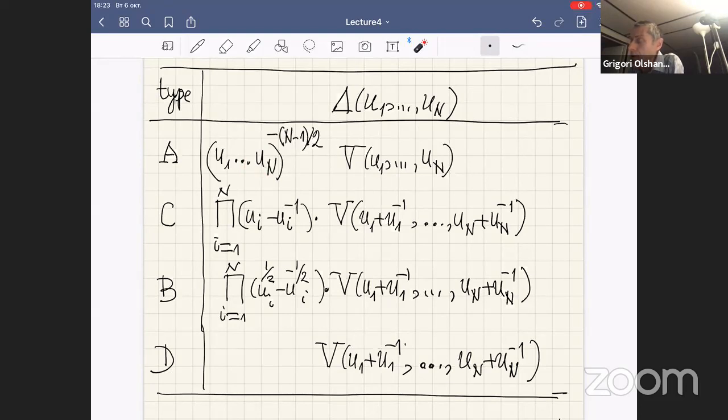But actually, in the definition of the characters, it's possible to get rid of this factor. We will see why. But now we have three expressions, which just correspond to the fact that epsilon is equal to 1, to 1/2, or to zero. So we have a Vandermonde in these new coordinates, and these extra factors.